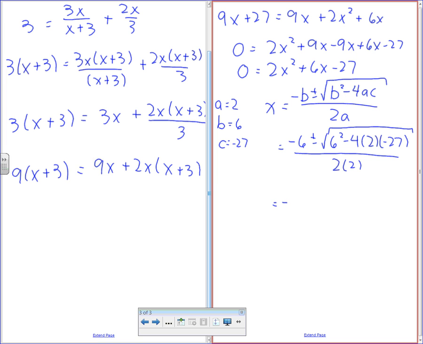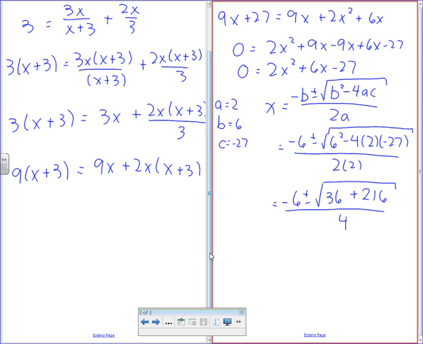What's 6 squared, please? What is -4 times 2? Great. What's -8 times -27? Now again, it changes to be a plus because -4 times -27, right? Changes to positive 216.